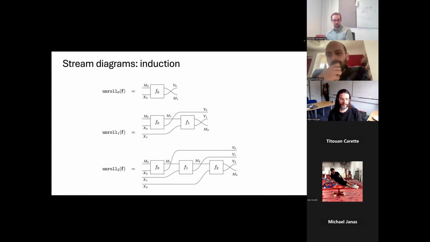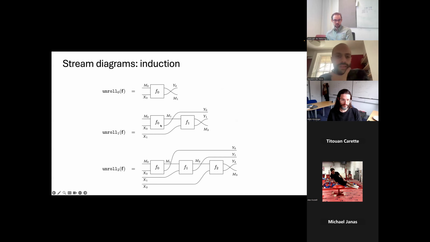Another thing you can take from a stream: if you have an infinite process, you can always take the nth unrolling of that process. That will be a morphism in the base category. Here I'm showing, for example, the unrollings of a general stream. The first, unroll 0, would just be what happens at time step 0.